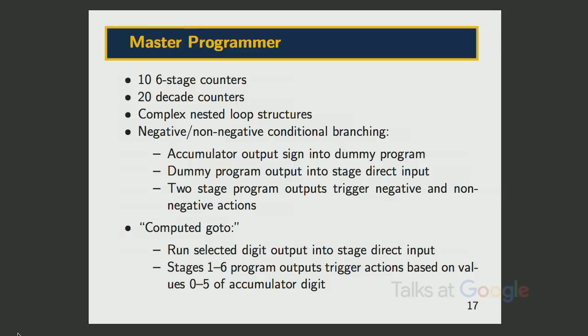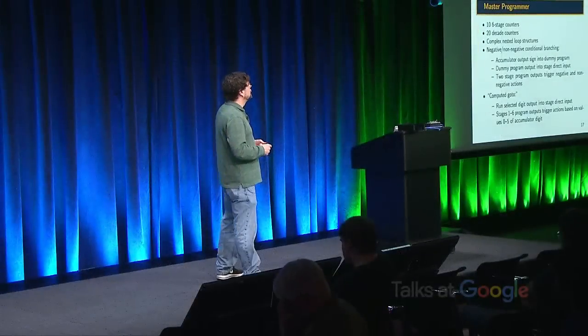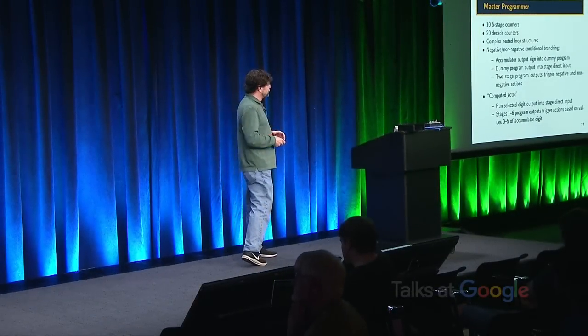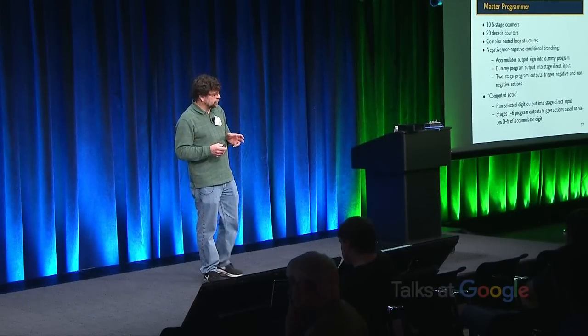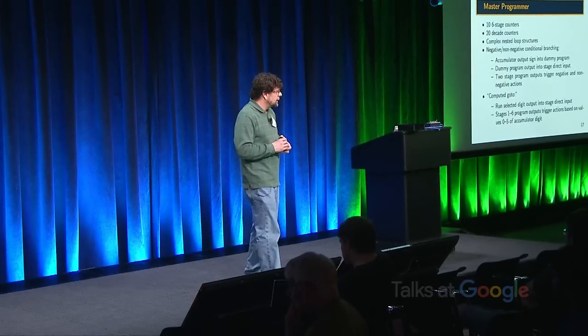Now, it's not as completely general as we usually think of in terms of a typical stored program type scenario, where you've got a jump instruction and you can organize them however you want. But it was very flexible. It contained 10 counters of 6 stages each. These 6-stage counters represented phases of a computation.